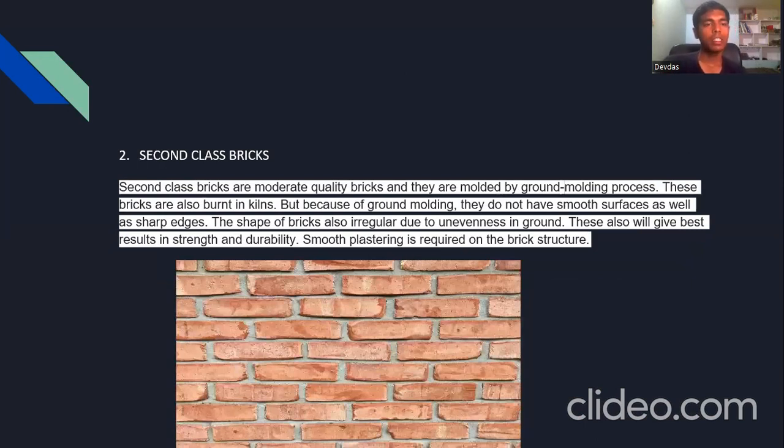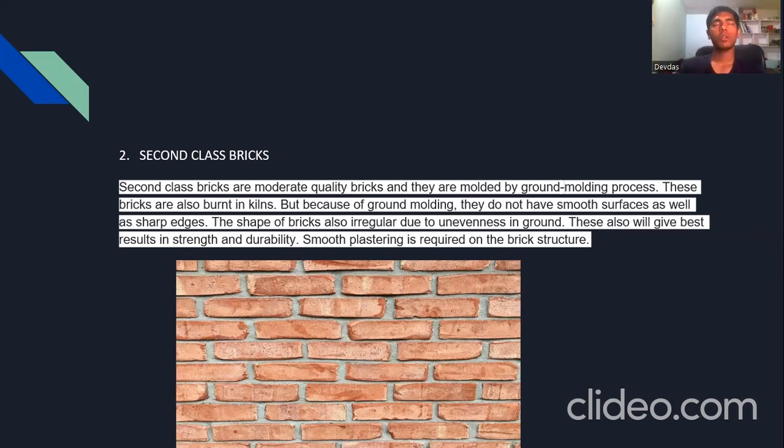Second class bricks. Second class bricks are moderate quality bricks and they're molded by the ground molding process. These bricks are also burnt in kilns, but because of ground molding, they do not have smooth surfaces or sharp edges. So these are a bit lower than the first class bricks, but they're not perfect. The edges and corners are just a bit blunt.